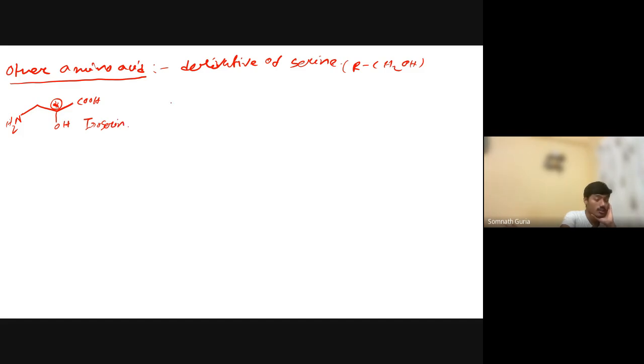Now another isomer of it, where another CH2 group is there.